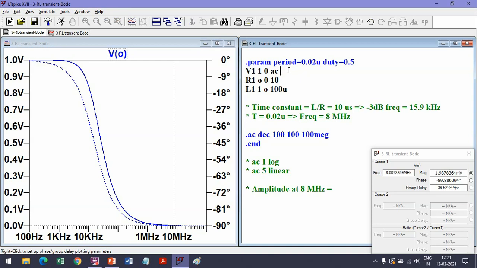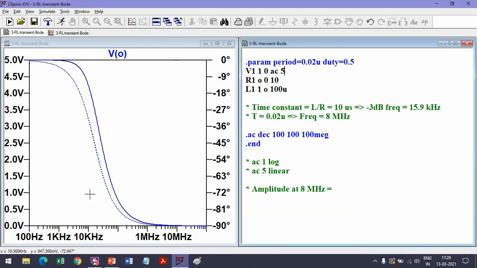So let's make it 5 volts, which is what we had in our transient analysis. If we make it 5 volts, the same plot, the output is nearly 10 millivolts. This is the amplitude, so the ripple will be twice of this, about 20 millivolts. This is about the same as what we had obtained while doing the transient analysis, as it should be.